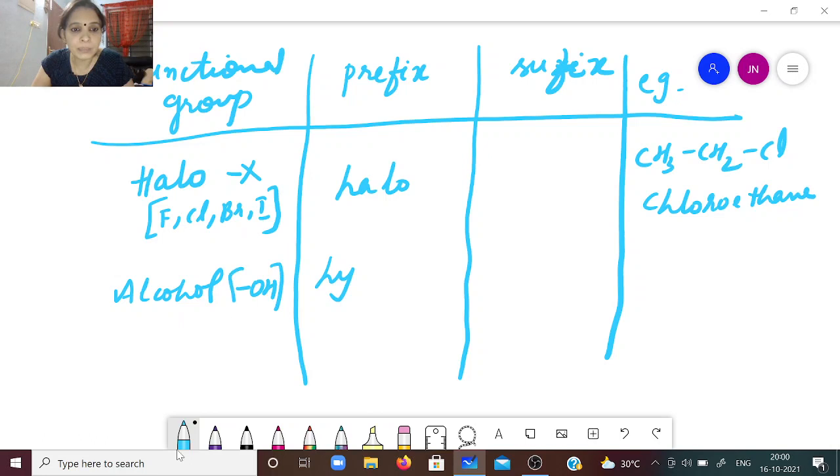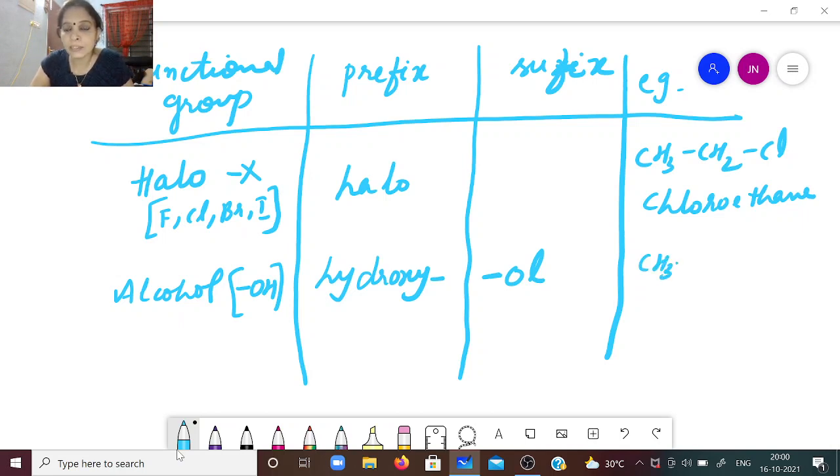The bond is compulsory for OH, for any functional group. If it is suffix, we will use OL. So OL, the bond will be here. That means after the name, OL will be added. Prefix is hydroxy, so after hydroxy, the name will be added. That's the meaning of it.